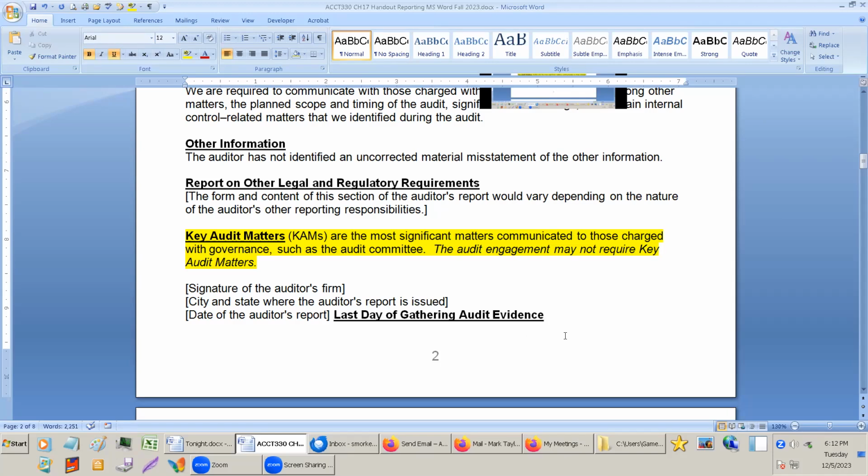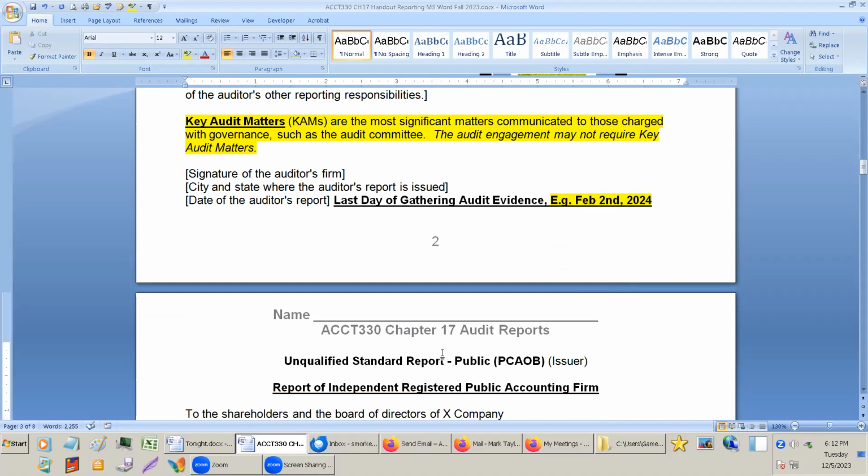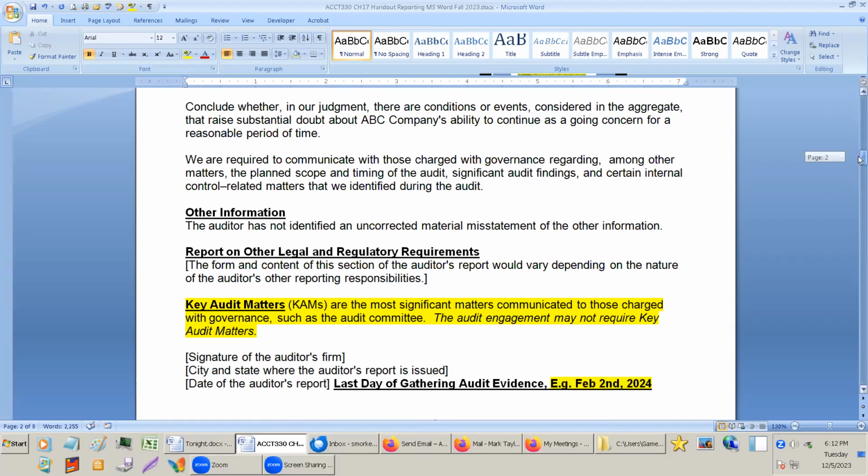So if you wrap this up on, say, February 2nd, 2024, and something happened on February 21st, you're not responsible for it. Okay. So that's for issuers.